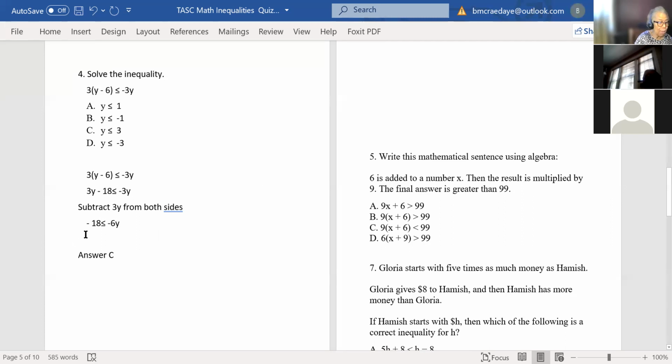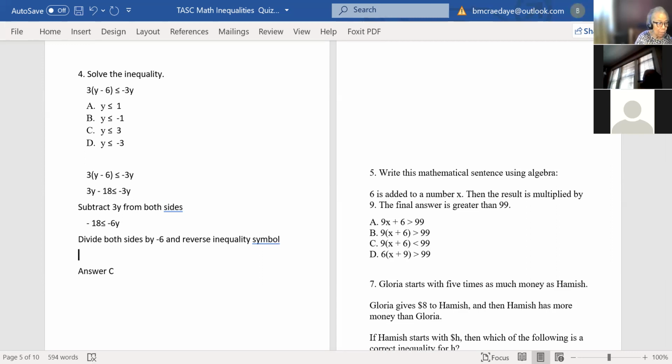Okay. And divide both sides by -6, and reverse the inequality symbol, right?